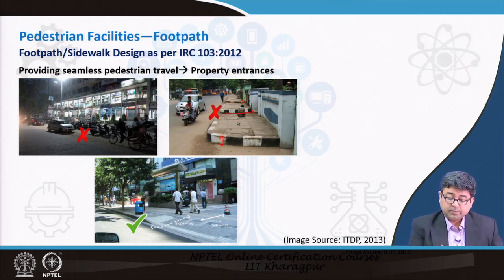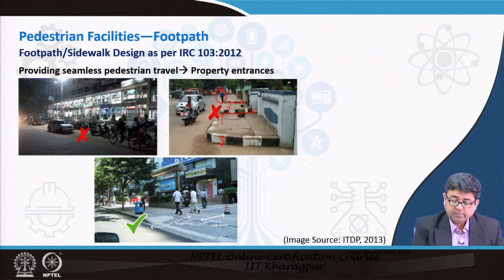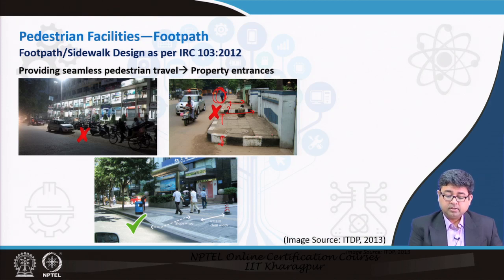So, you would often see that you would end up with such a situation where people are walking alongside the sidewalk, because this is an uncomfortable situation where the pedestrian has to get down, again get up, again get down, get up. There are so many breaks in the sidewalks that the pedestrian decides that I might as well just walk alongside the sidewalk and not use it at all. So, such kind of design should be avoided.